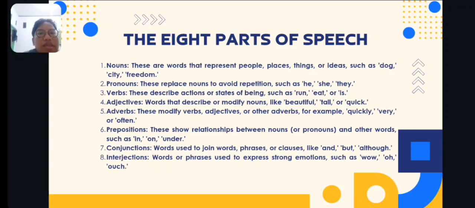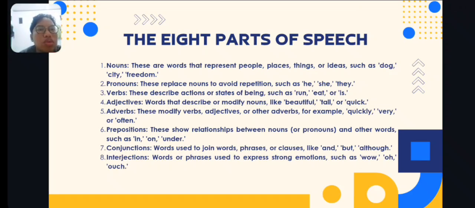5, adverbs. These modify verbs, adjective, or other adverbs. For examples, quickly, very, or often. 6, prepositions. These show relationship between nouns or pronouns and other words, such as in, on, under. Conjunction.